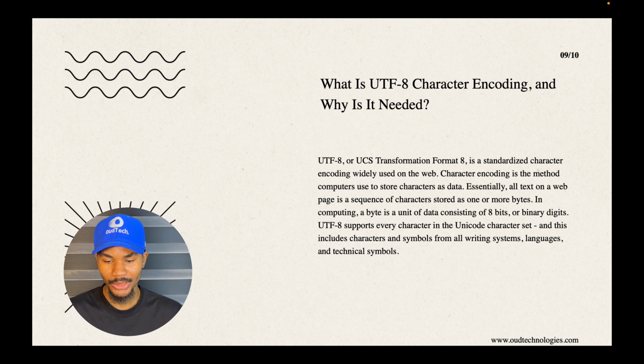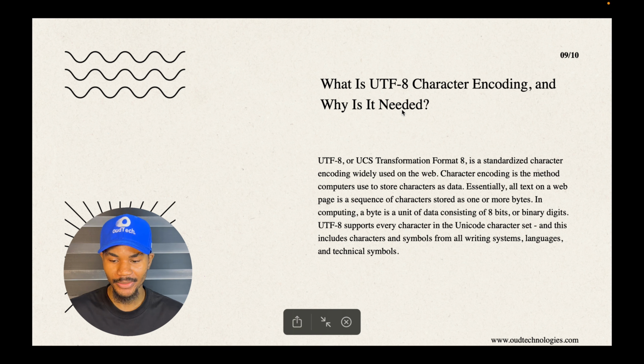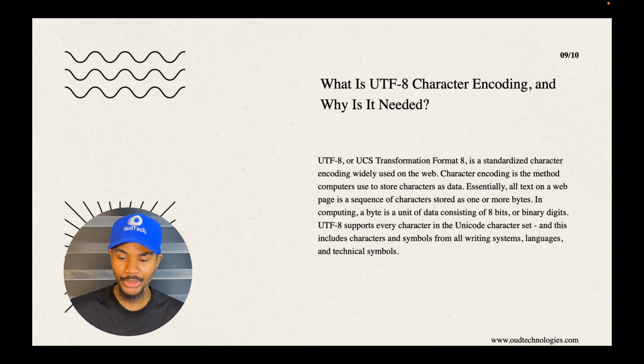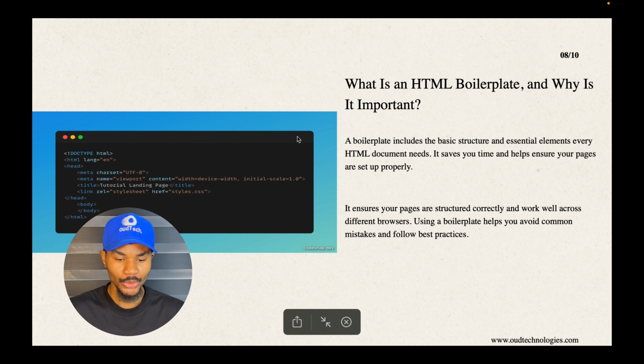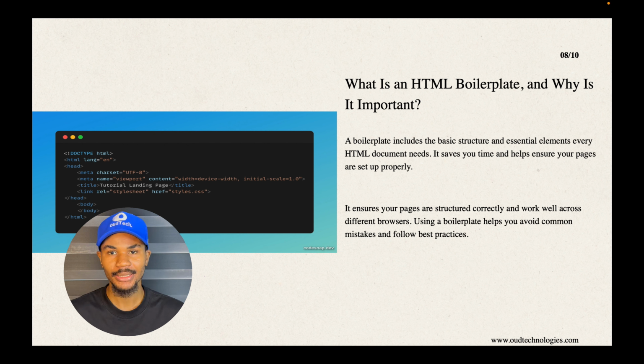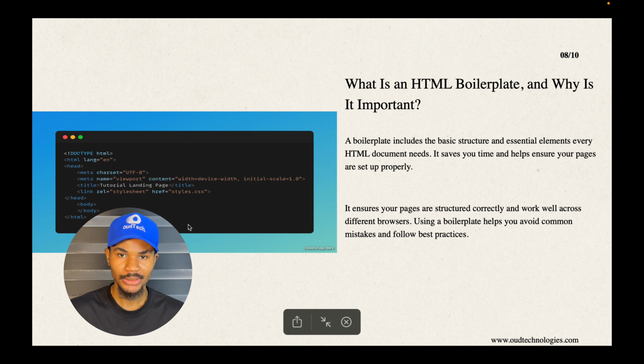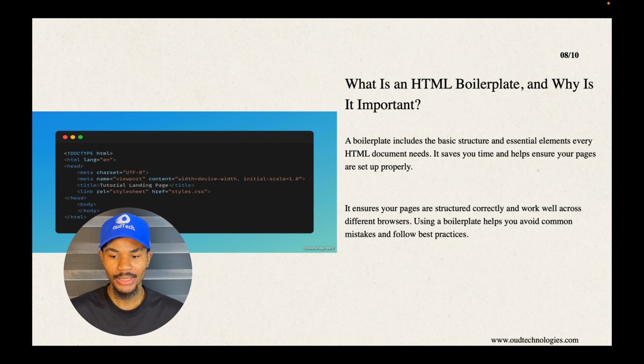Okay, so the last thing we have is our UTF character encoding. That's right here. Basically UTF stands for UCS Transformation Format 8. Remember we said something in a previous lesson where I said that the only thing the computer understands is binary digits, zeros and ones. So it has to be able to convert whatever you type, whatever text, whatever image, whatever symbol, even emojis.